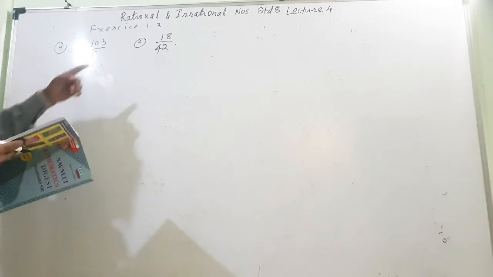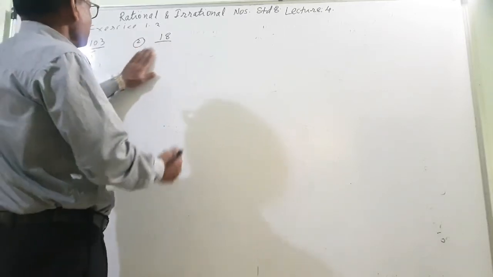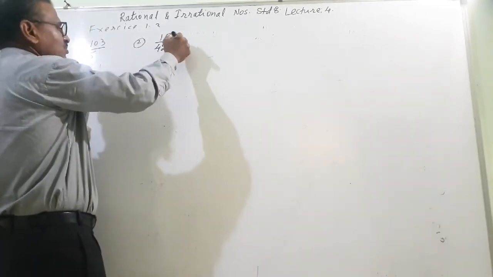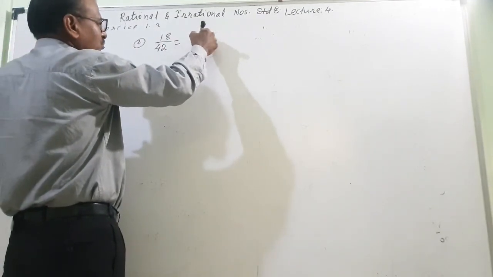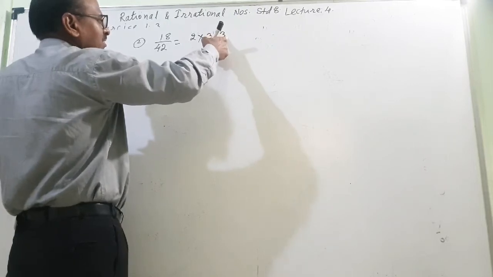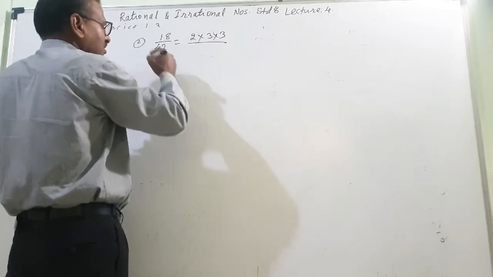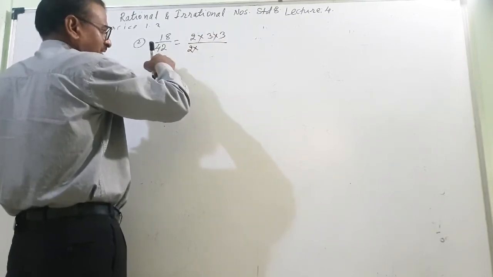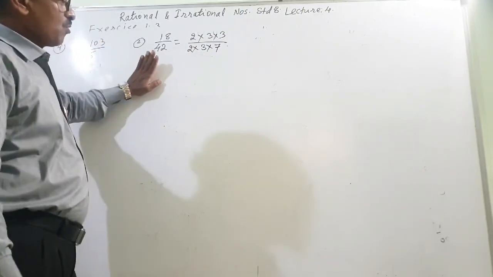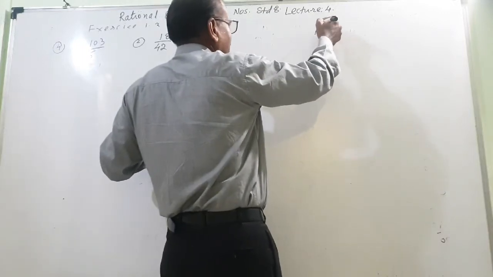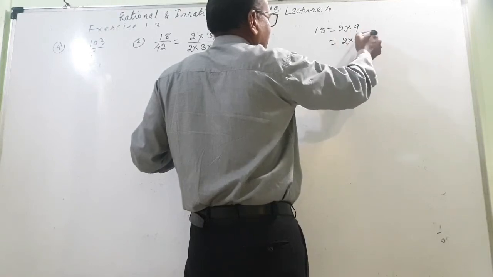Now I will give you some idea in this. This is divisible by some number, 42. So what I will do is, I will factorize this. 18 is equal to 2 into 9, which is 2 into 3 into 3.